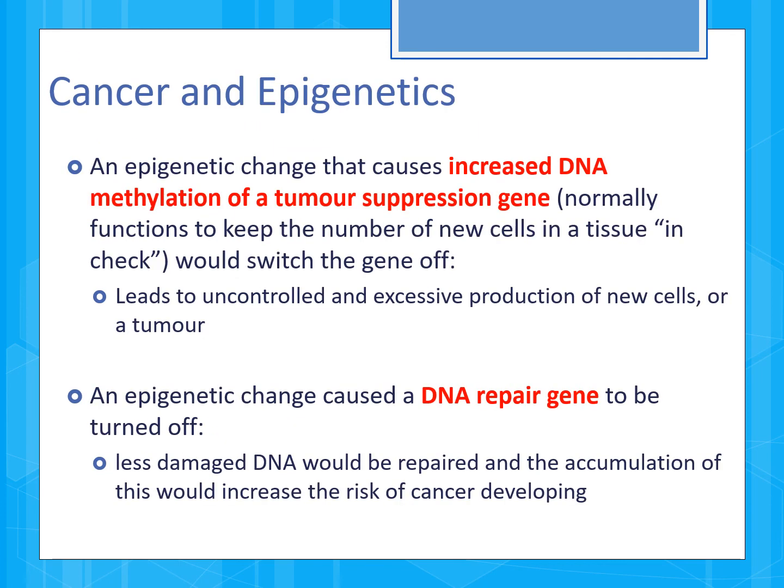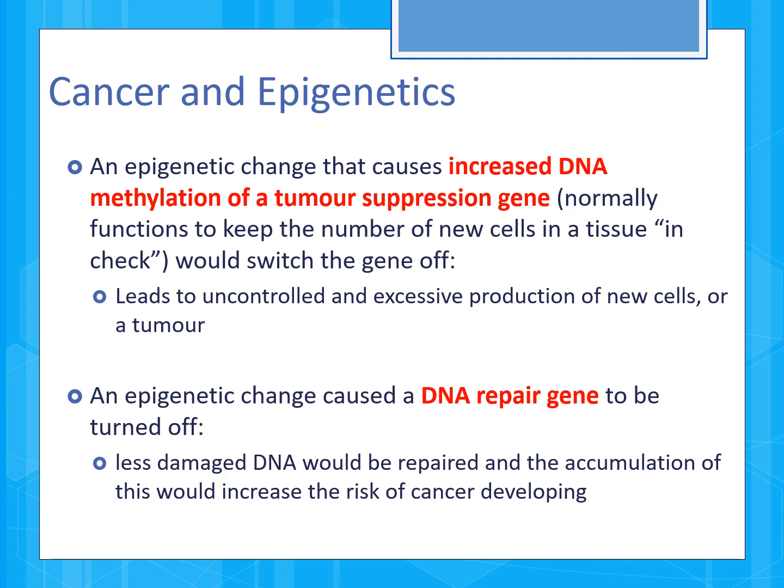But basically, there are certain genes that prevent the cell from dividing uncontrollably. If you methylate that gene, it's switched off, which means that the cell can divide uncontrollably and can produce excessive numbers of new cells.